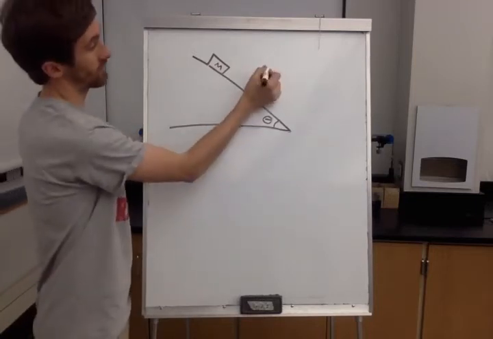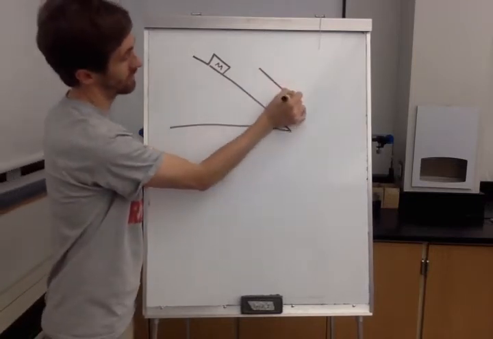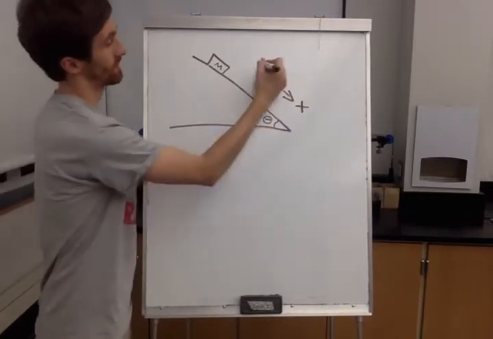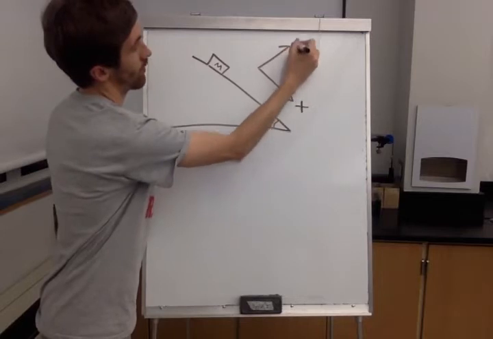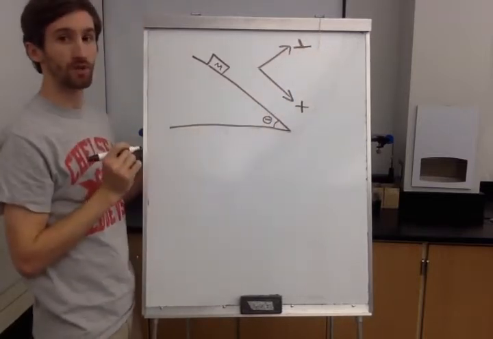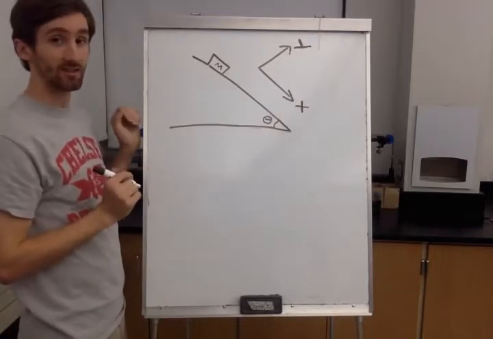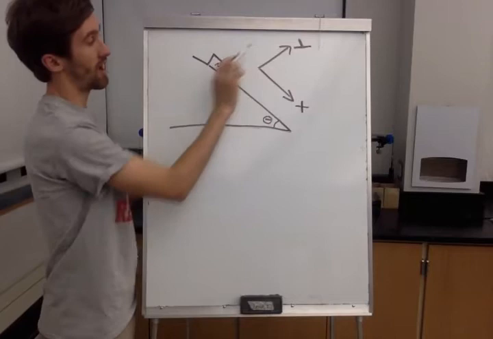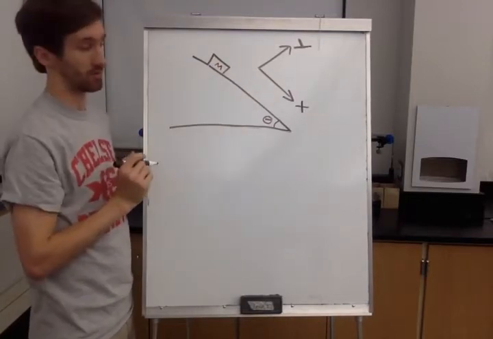So I'm actually going to draw my x-axis like that, and my y-axis like that. So I've got my x-axis parallel to the ramp, and my y-axis perpendicular to the ramp.